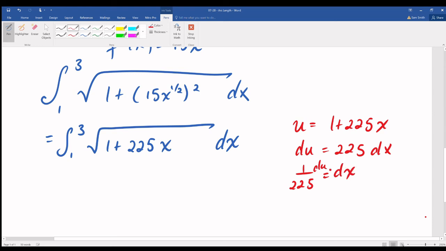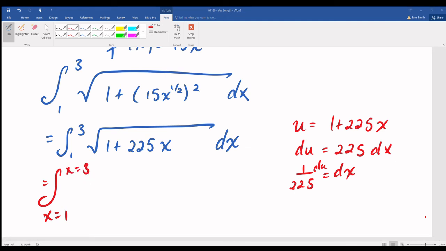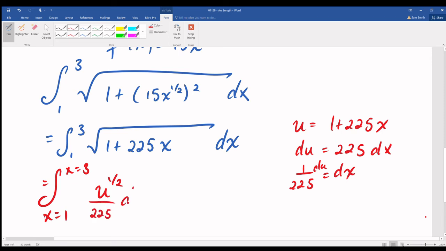If I substitute that in, I will be integrating not the square root of 1 plus 225x, but the square root of u, and I can replace the dx with 1 over 225 du.